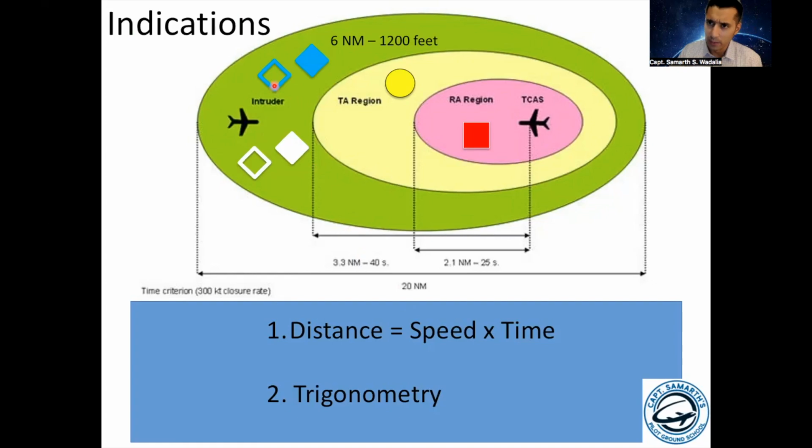A hollow blue diamond or a hollow white diamond may change into a solid blue diamond or a solid white diamond on your TCAS display. When does this happen? This happens when the intruder traffic is within 6 nautical miles of you laterally and within 1,200 feet above or below you. Remember, guys, both these conditions need to be met.